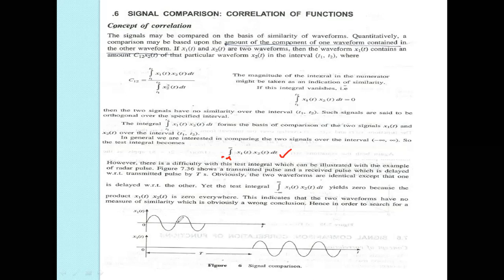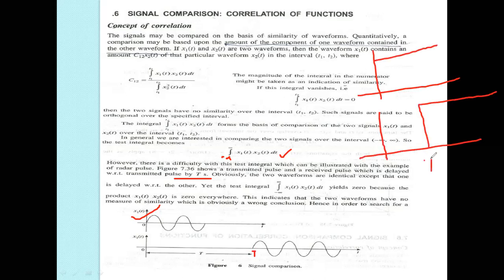We start at 0 with a sinusoidal signal x1 of t, the transmitted pulse, and the received pulse is delayed with respect to the transmitted pulse by t seconds. See, after t seconds, here it is t. A delay function means, let us say the unit step function is like this. With a t delay, it starts from t samples.